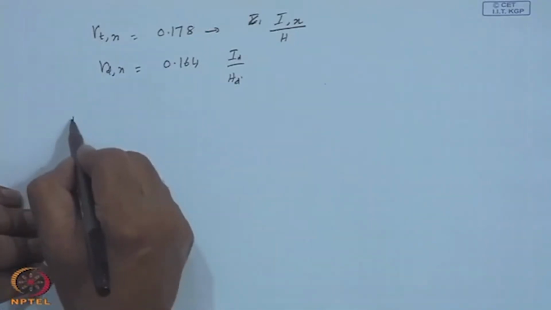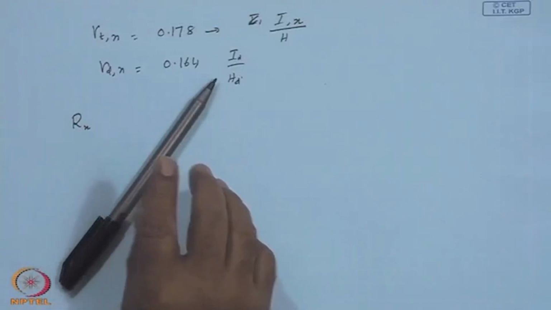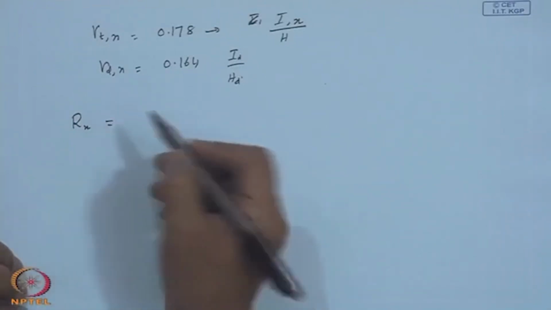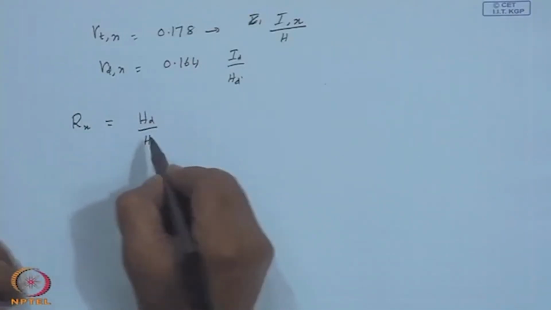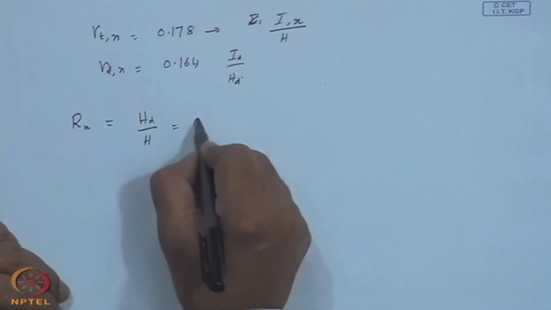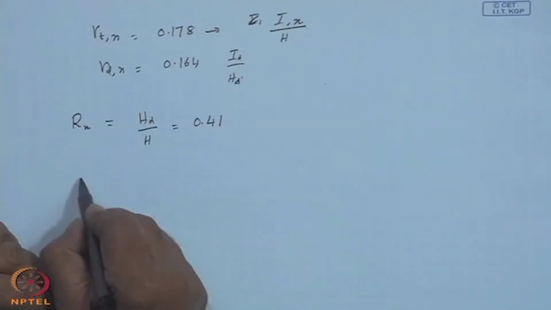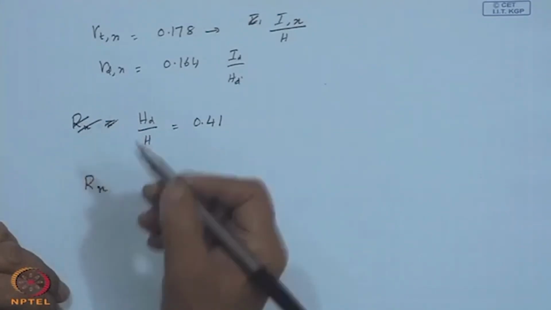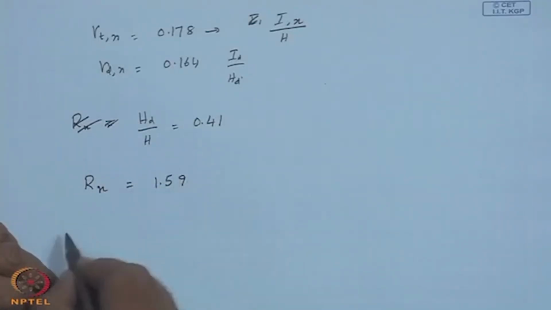Then in calculating Rn, we need hd by h, that turned out to be 0.41, and similarly ultimately we got Rn equal to 1.59.